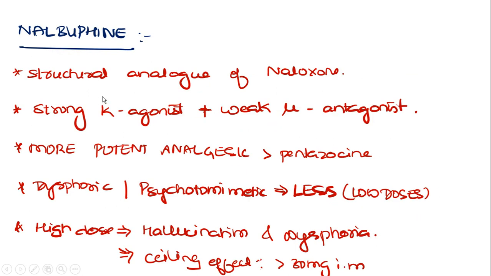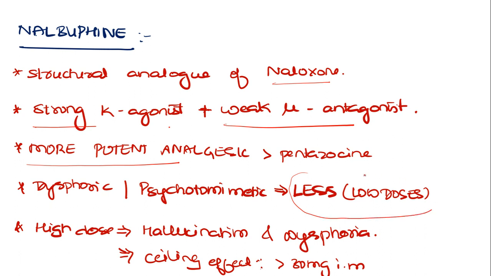Coming to nalbuphine, it is a structural analog of naloxone. It has strong kappa agonist and weak mu antagonistic activity. It is more potent in analgesic action compared to pentazocine. You should remember here, it has very little dysphoric and psychomimetic action. At low doses, it does not produce any dysphoric or psychotomimetic effects.